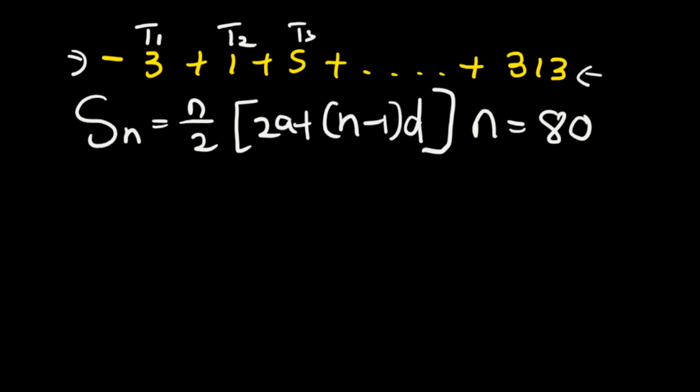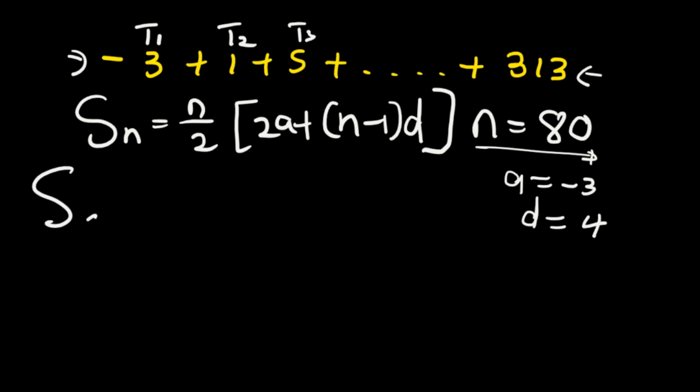Our n we just identified to be 80, so where there's n, we're going to substitute 80. Our a value is our first term, which is minus 3, and our d, we calculated to be 4. So we're just going to substitute this to find the sum.